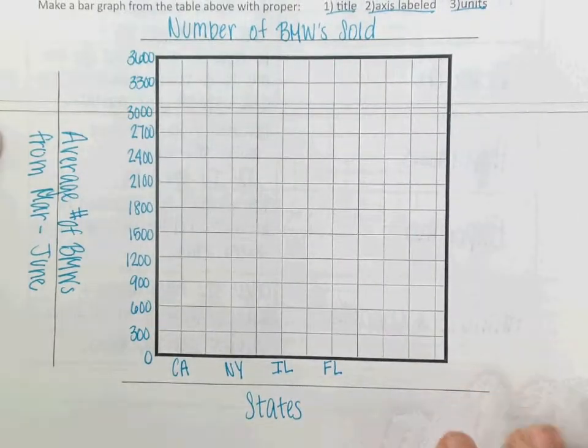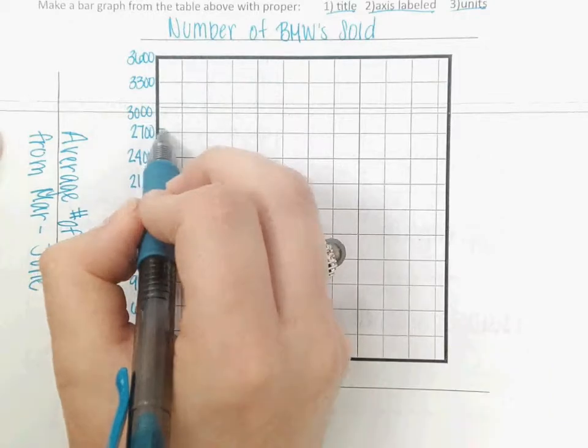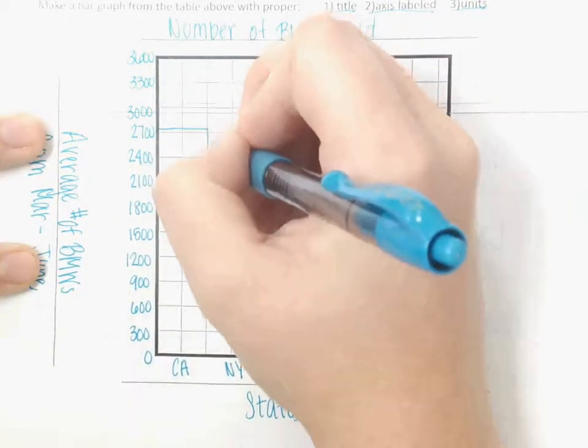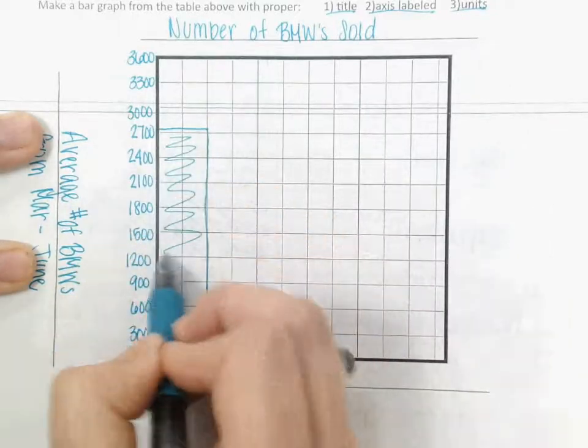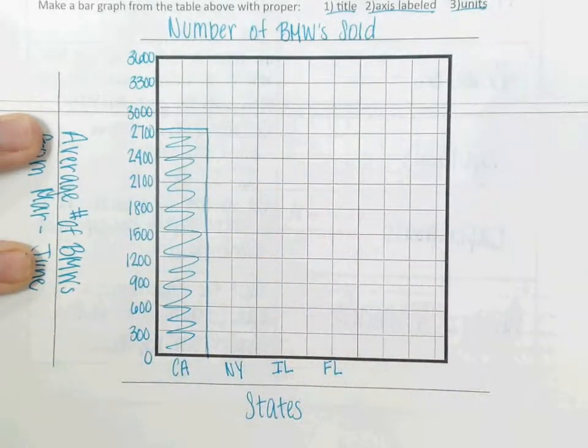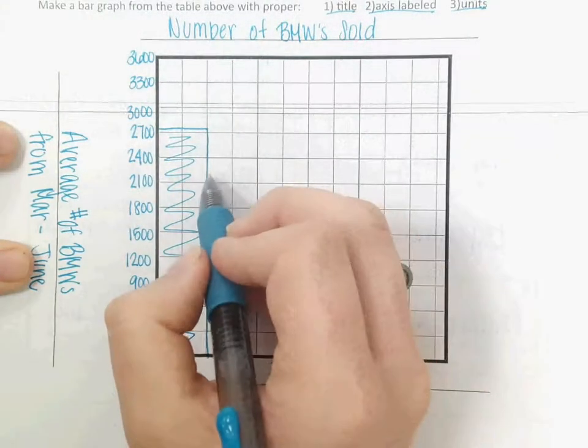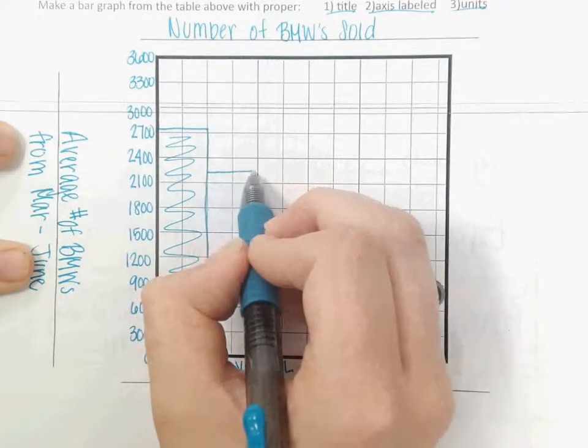So our California average was 2,718.5, so it's going to be about right in here. Go ahead and draw our bar and shade it in. You do not have to color a bar graph, but you can if you want to. It's your choice. We have New York is 2,227. So it's going to put us about right in here.